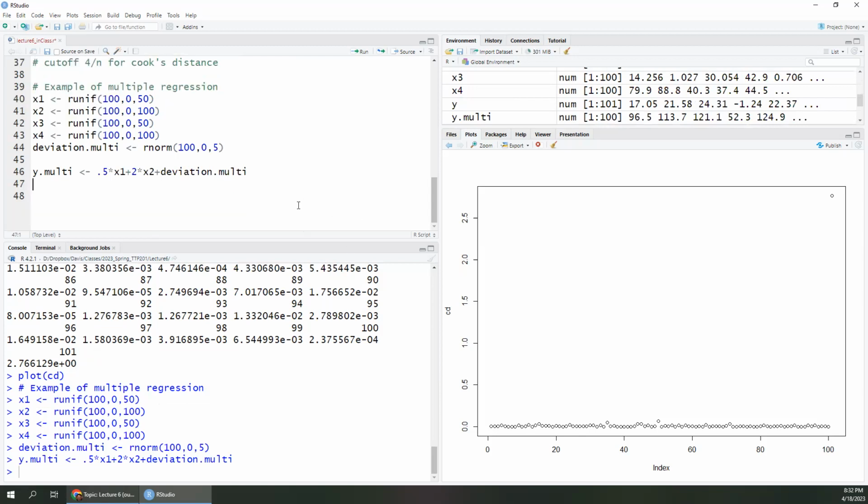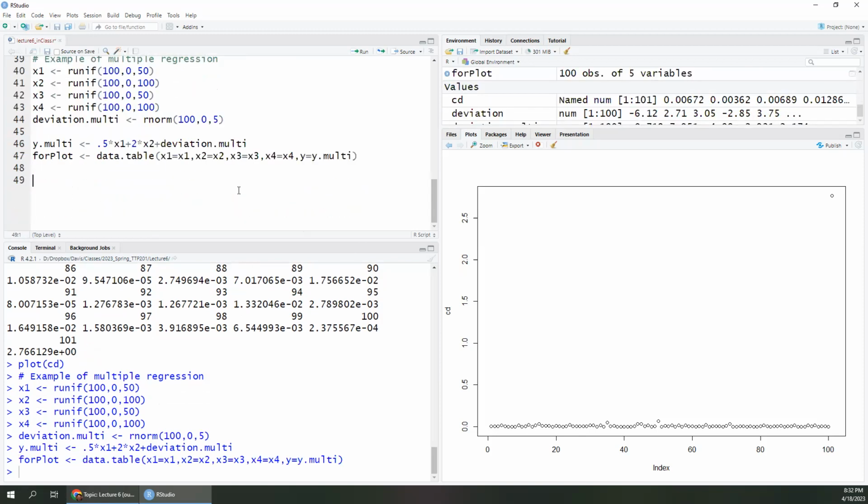And let me put this all together into a single table. So we'll have x1 equals x1, x2 equals x2, x3 equals x3, and x4 equals x4. And of course, y is equal to y.multi.